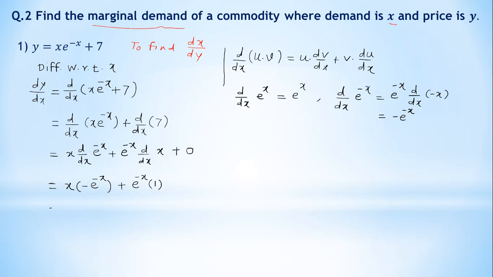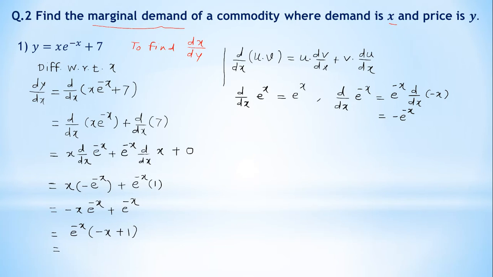So the derivative is completed. You can rewrite this as minus x into e raised to minus x plus e raised to minus x. So we get dy by dx. Now you can adjust this by taking e raised to minus x common: minus x plus 1. Okay, check here, e raised to minus x is common.